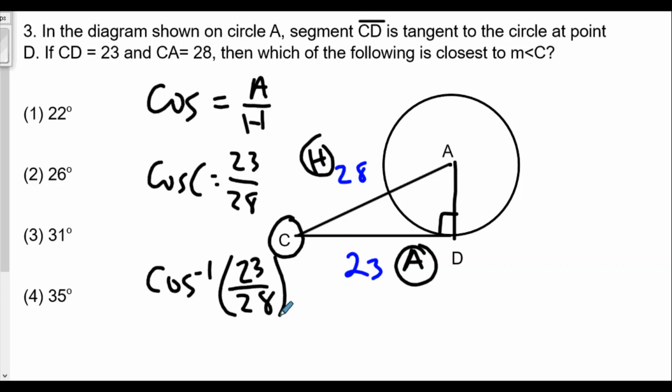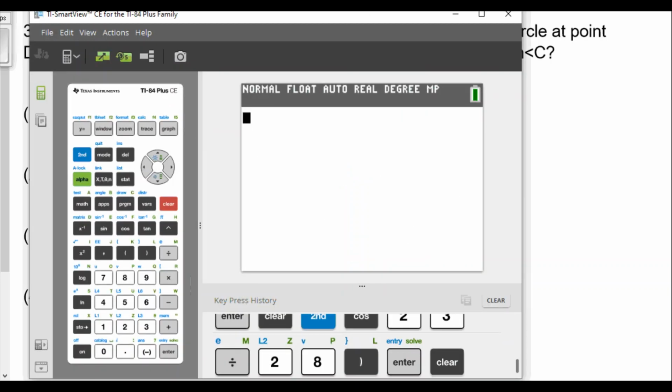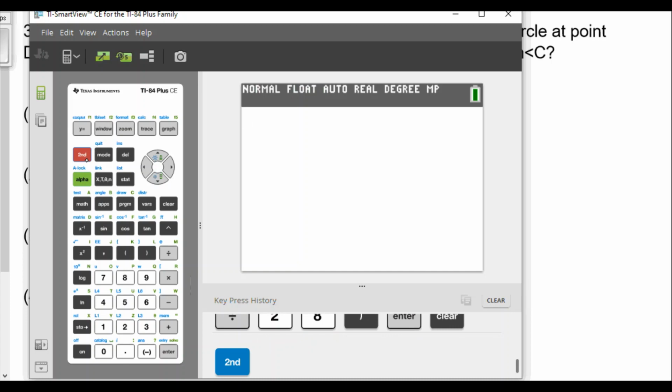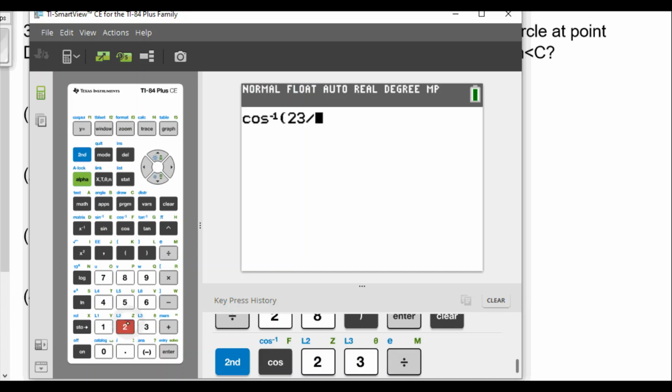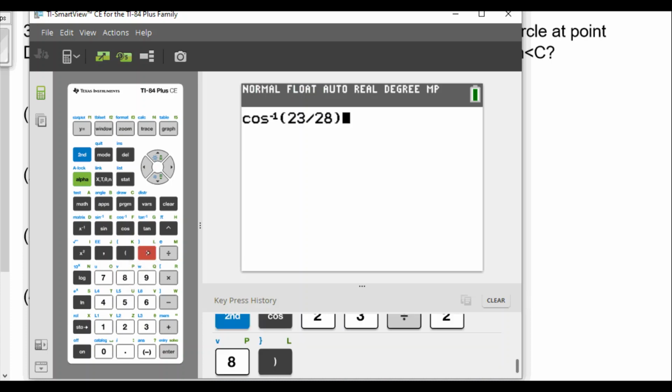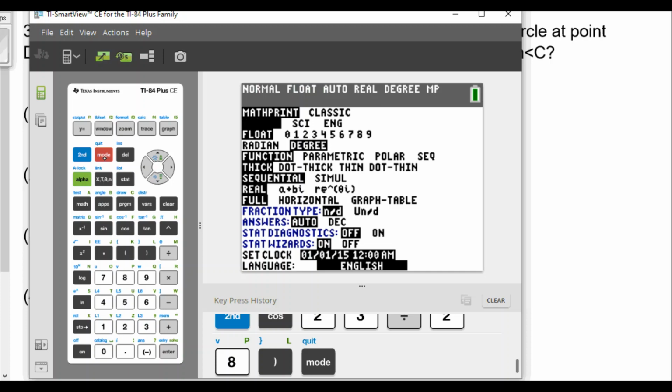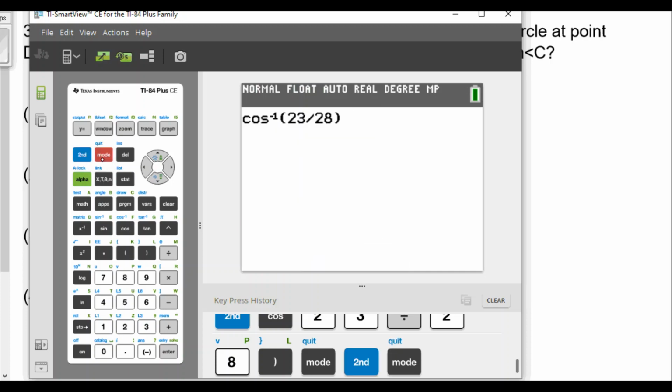So let's break out the calculator. All right, so second cosine of 23 divided by 28. Close parenthesis. Now, before I hit enter, I'm going to check mode, make sure I'm in degree mode. Okay, good. Second, quit to go back to home screen, then hit enter.